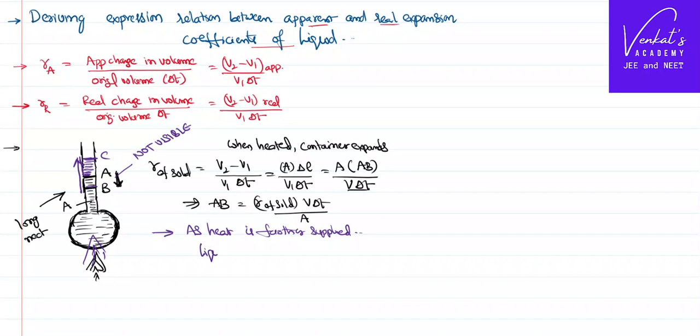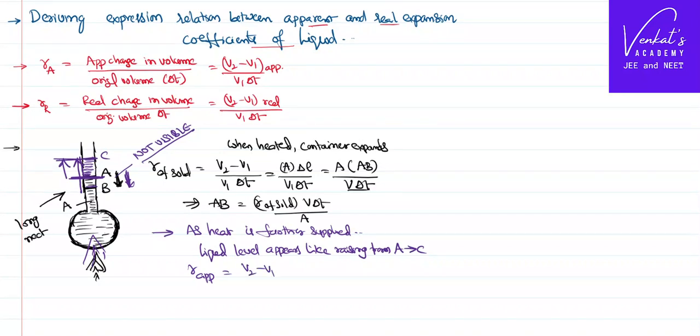The liquid level appears like rising from A to C, because the falling of the liquid level from A to B is not visible for you. So the liquid still appears to you like it is at A. It rises from A to C. It is appearing like that. So that is a representation of gamma apparent.